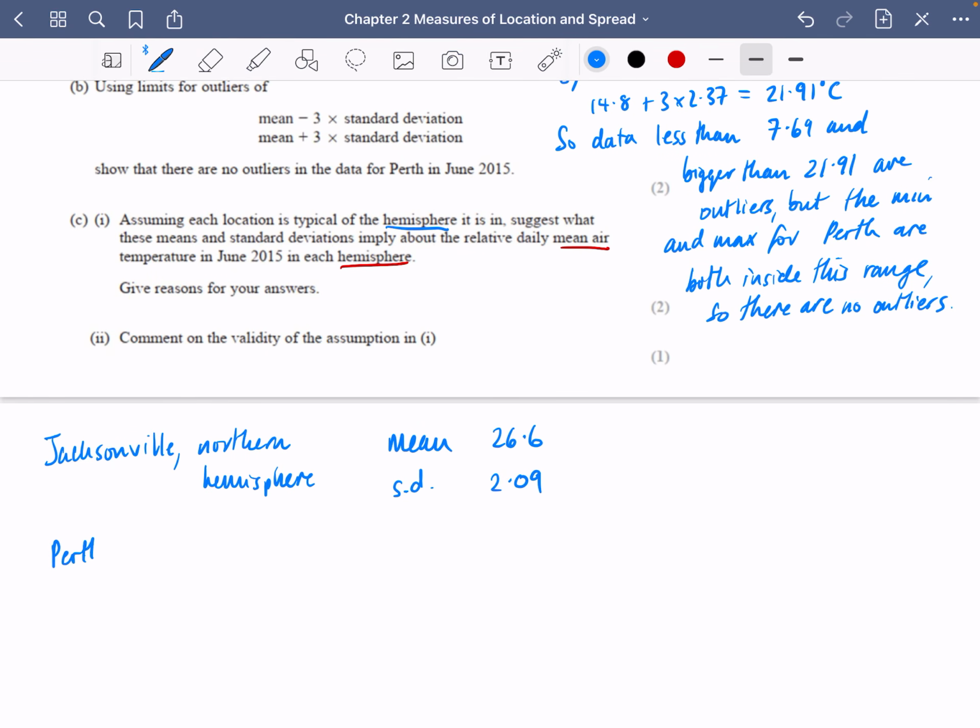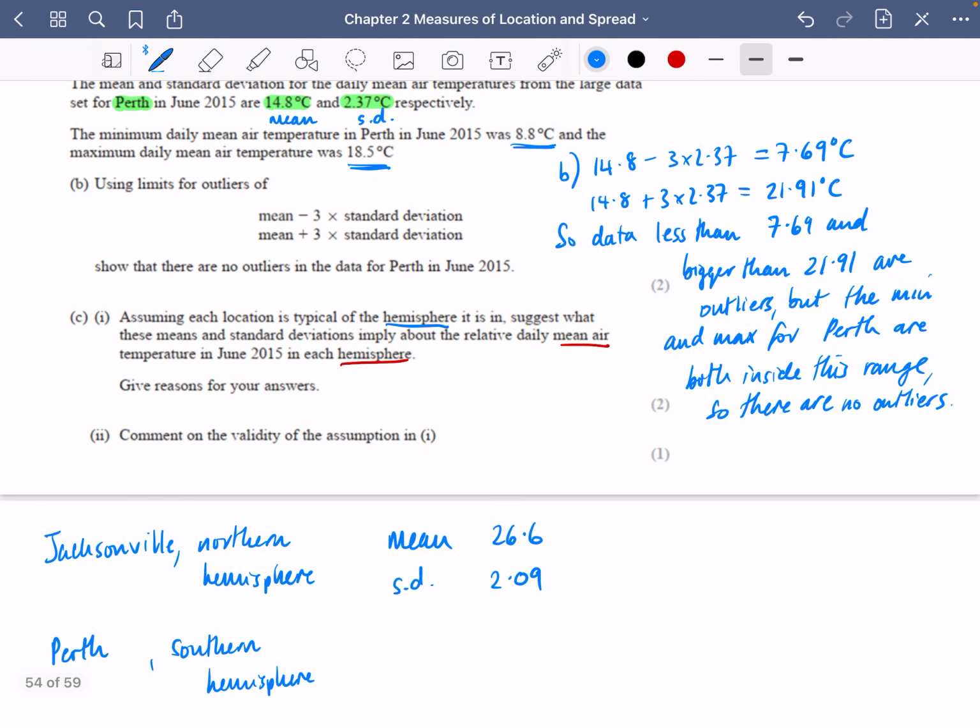For Perth, which we know is in the southern hemisphere because it's in Australia, they've told us that the mean was 14.8 and the standard deviation was 2.37. So they want us to compare 2 things. They want us to compare the means and the standard deviations to say what that means about the hemispheres.